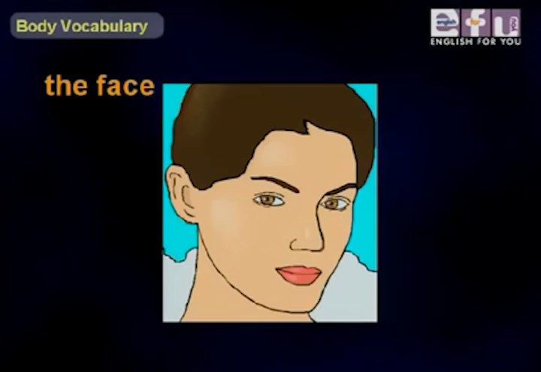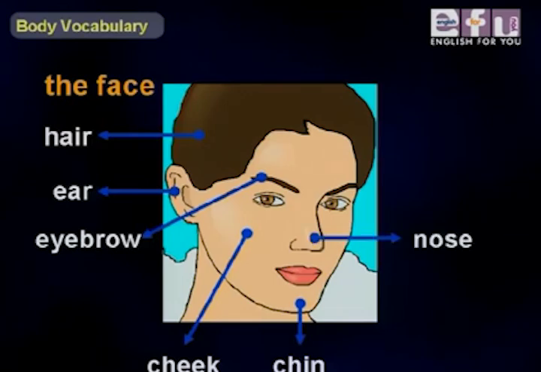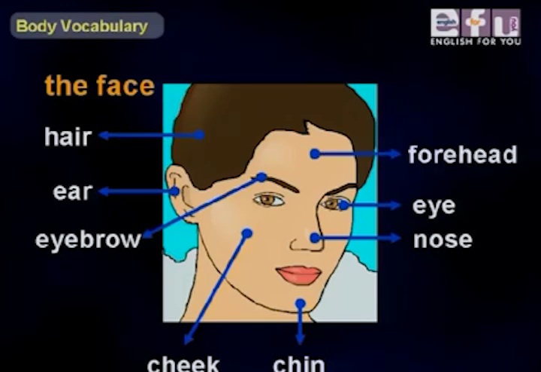Okay, so now we have the face, the hair, ear, eyebrow, cheek, chin, nose, eye, forehead. Now, let's talk about the whole body.